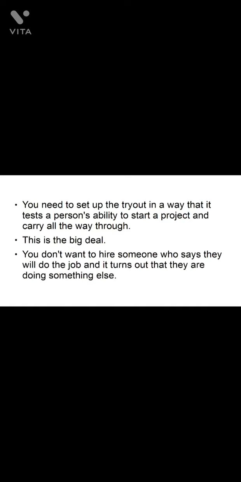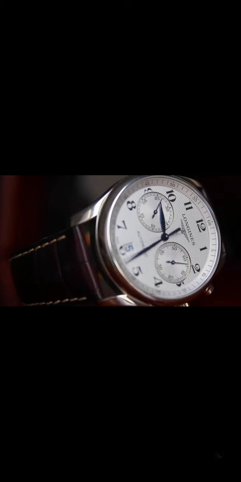You need to set up the tryout in a way that tests a person's ability to start a project and carry it all the way through. This is a big deal. You don't want to hire someone who says they will do the job and it turns out they are doing something else. By the time the deadline comes around, you'll end up where you began. The work is still not done, and this person has just wasted your time.